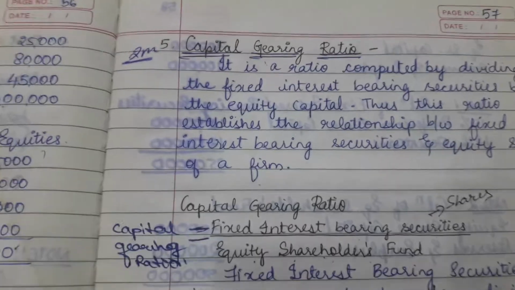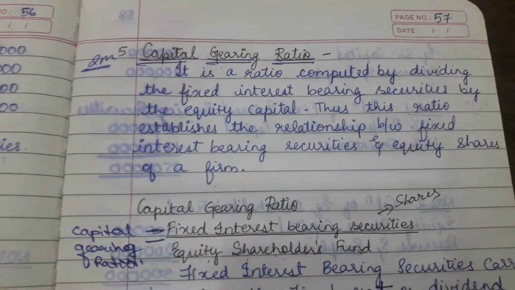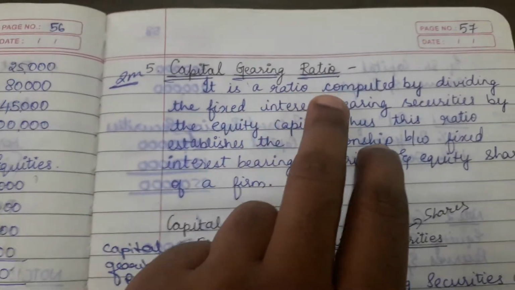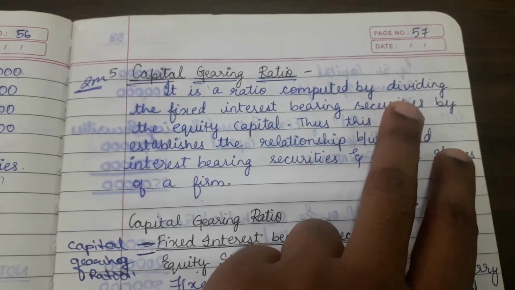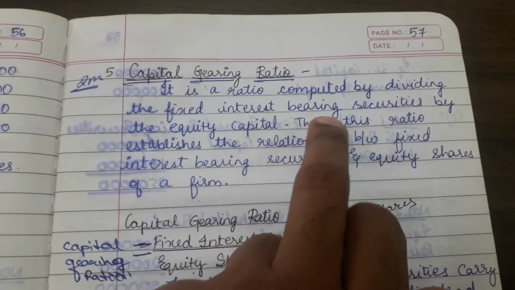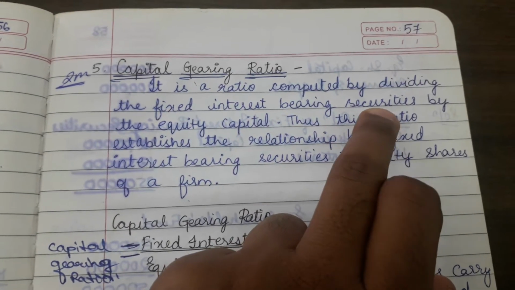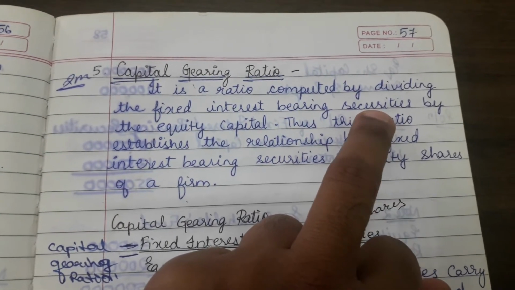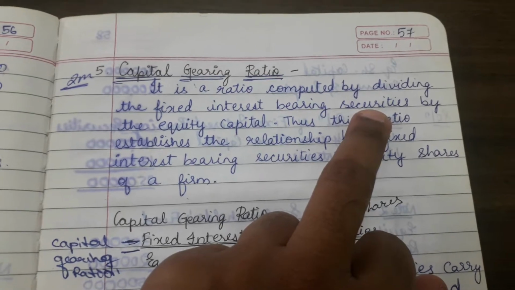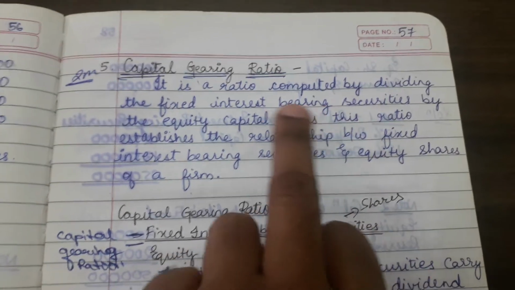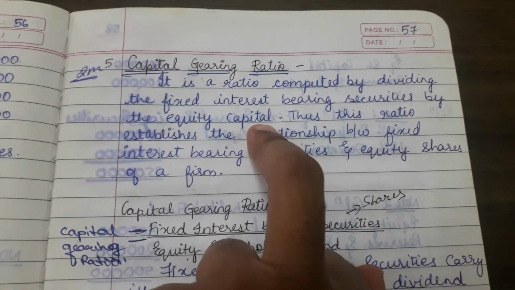The next ratio is the capital gearing ratio. So what is the capital gearing ratio? It is a ratio computed by dividing the fixed interest bearing securities by equity capital. Fixed interest bearing securities means what? Like shares, bonds, debentures, those are called securities.